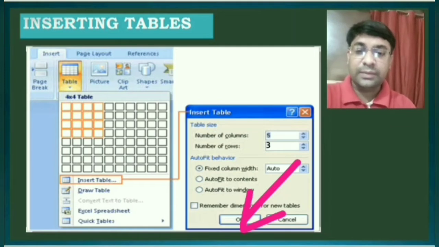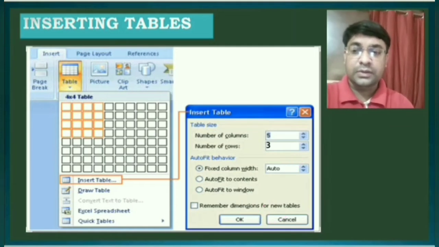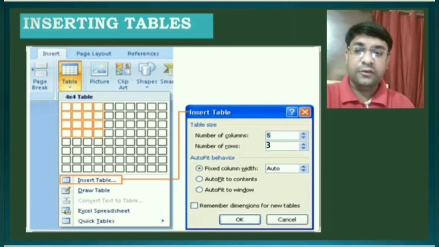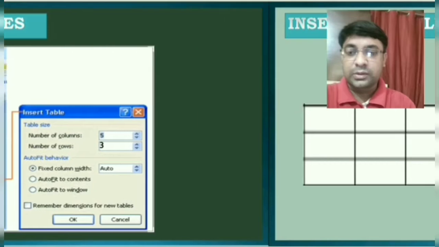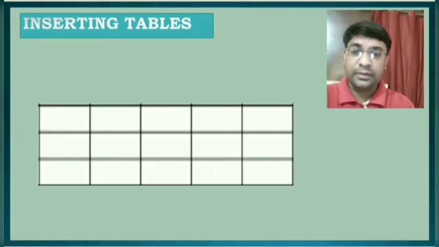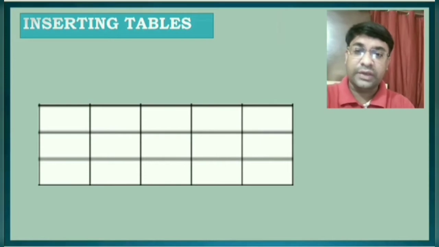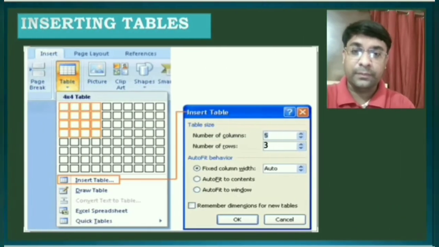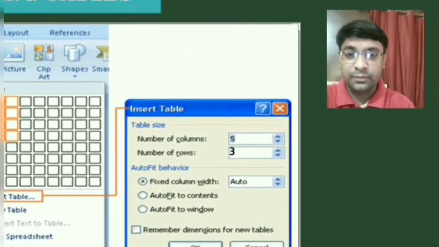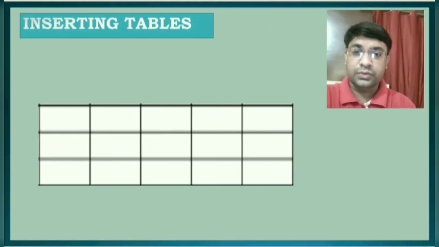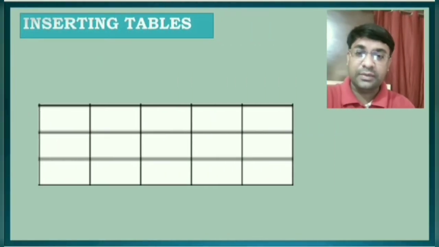When you click on the OK button, then the table with the specified number of columns and rows is inserted in the document. You can see that in the diagram. A table with 5 columns and 3 rows. So this is a very simple process of creating a table in Microsoft Word.